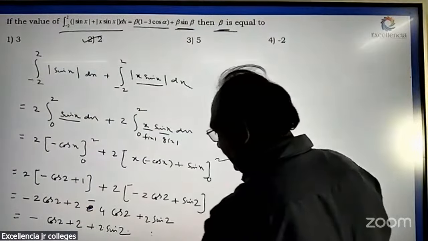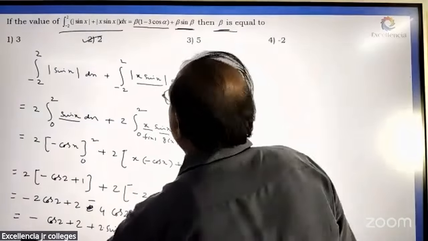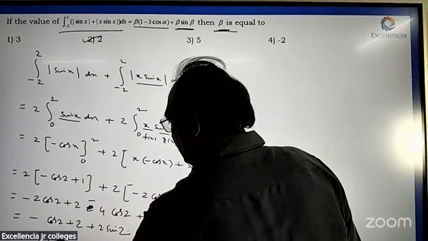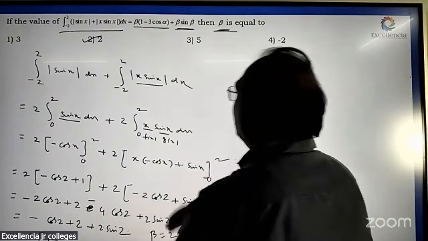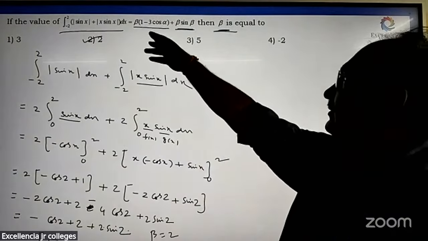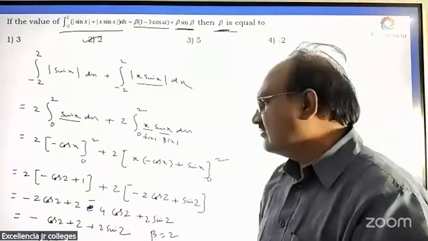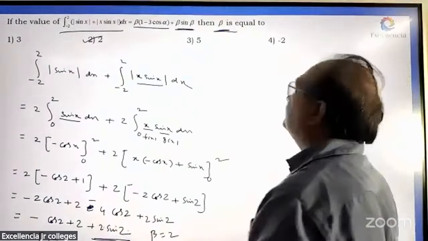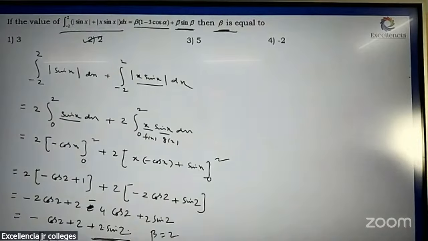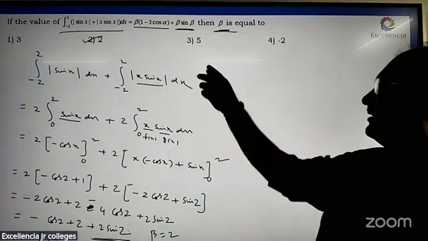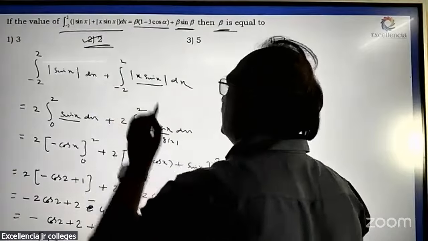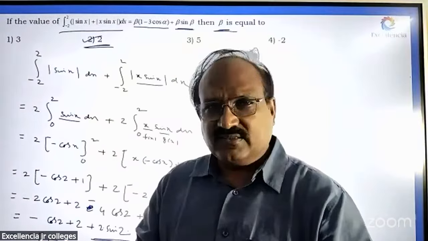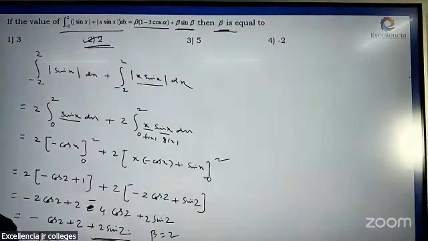Beta is 2, and alpha can be arranged like that also, with cos alpha and beta equal to 2. So this is also an interesting question. We are just using the minus a to a property in this. This is also an important question.